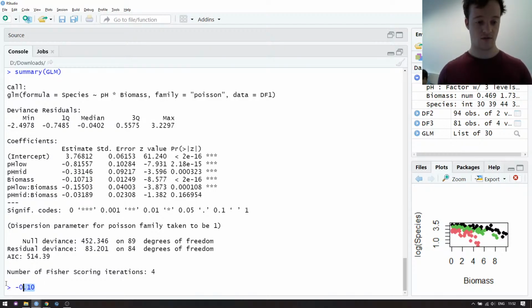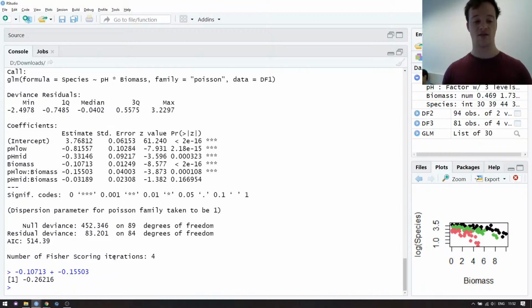This one plus the interaction effect, because you are both increasing the biomass and changing the category to pH low. So then this is the estimate for the slope. And that's what we saw, that there is a steeper slope for the other two groups. Then we have this one, which is also a little bit steeper, steeper down I mean, but this one doesn't differ significantly.